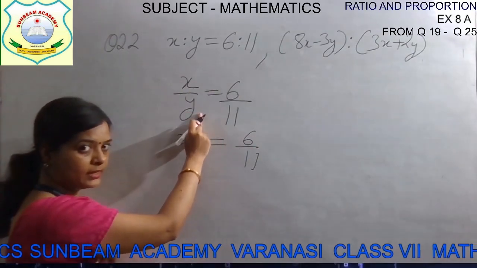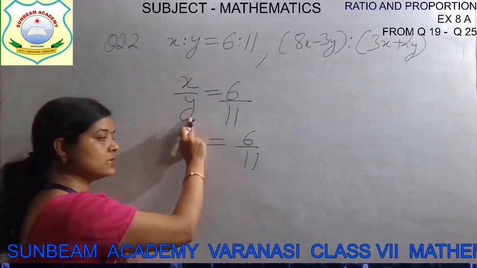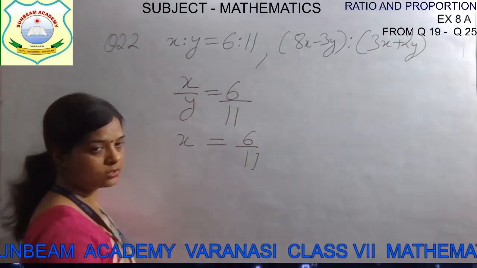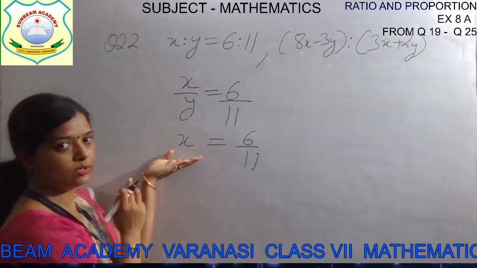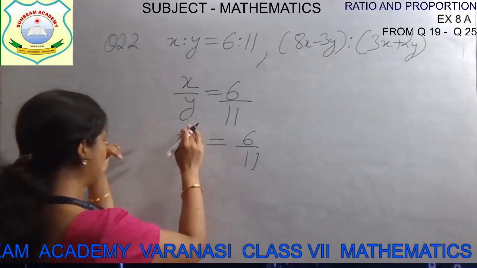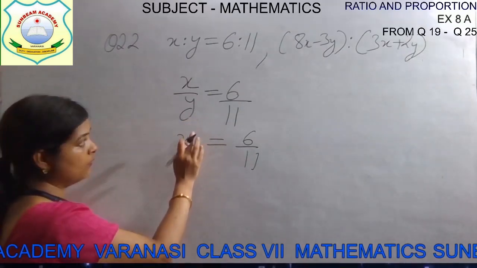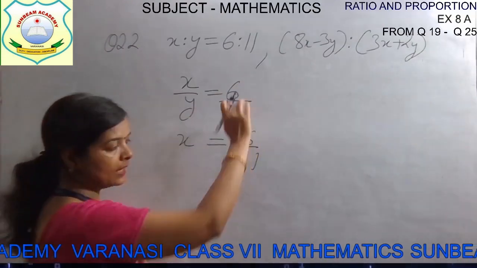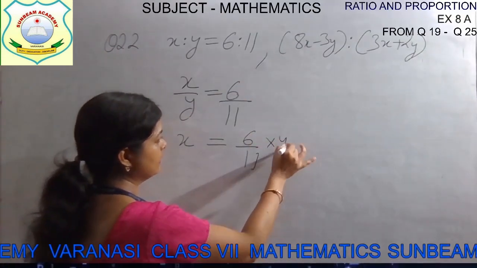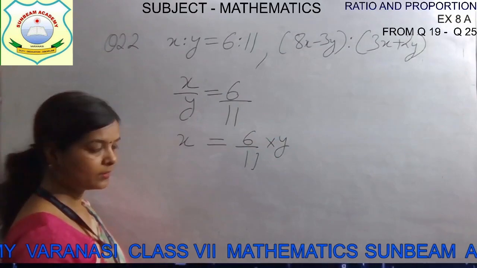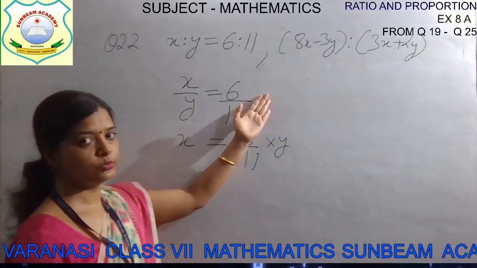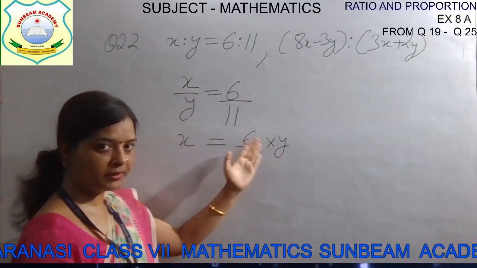Y is in the denominator. So we have to transpose this y to RHS so that we can find the value of x. Now y is in the denominator. It is divided here. When it transposes to the other side, it will multiply in the numerator.